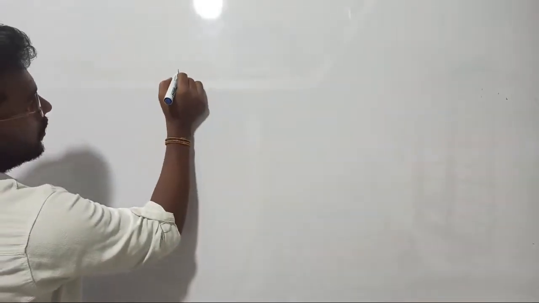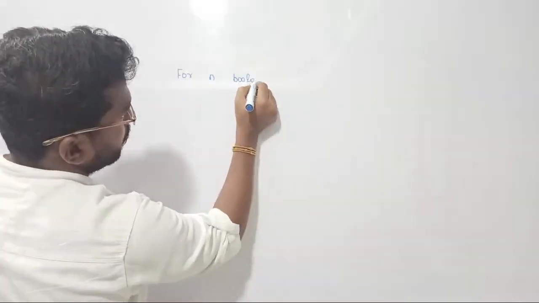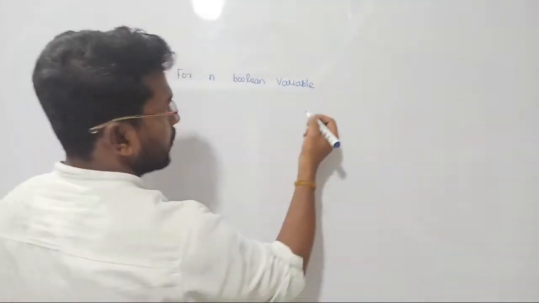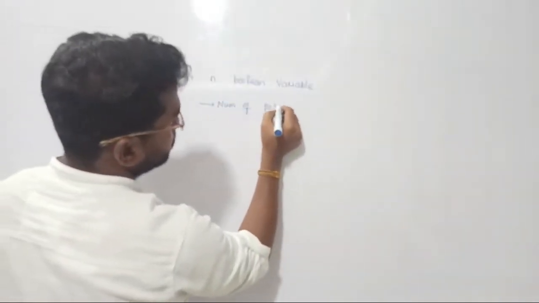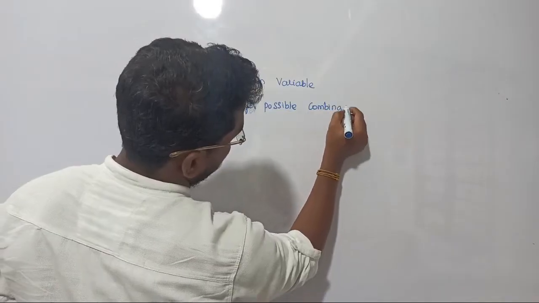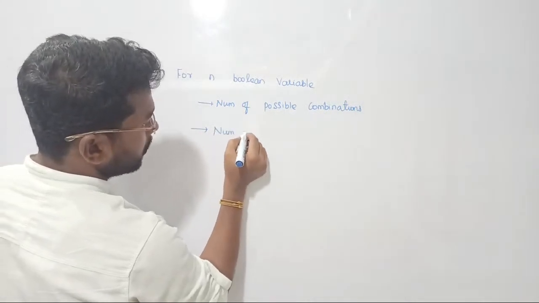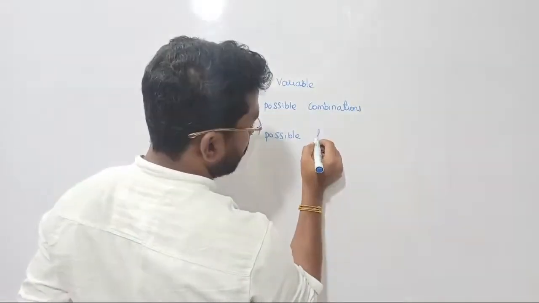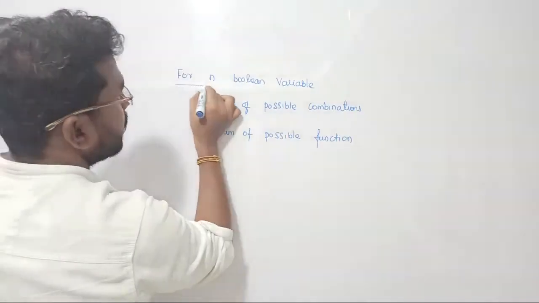For an example, for n Boolean variable, we have to check the number of possible combinations, as well as we should check the maximum number of possible expressions of functions, number of possible functions in the output side. Let us check these two things for n Boolean variable system, right?